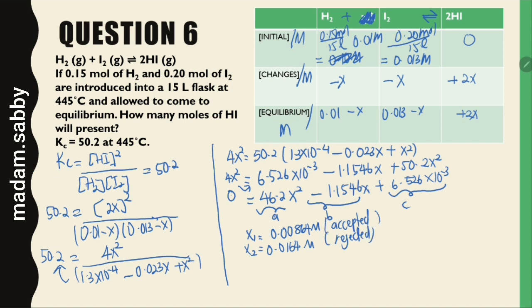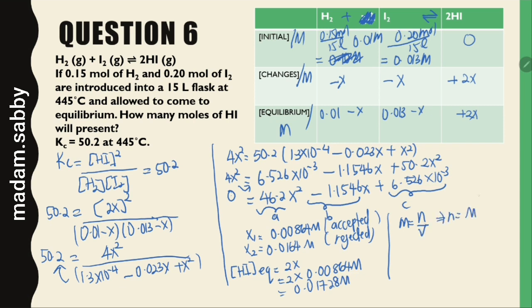Then the question asks how many moles of HI will be present. To calculate moles, you need to know the molarity of HI at equilibrium first, which is 2x, equal to 2 times 0.00864 molar, so you get an equilibrium concentration of 0.01728 molar. Molarity equals number of moles over volume, so to get moles, you simply multiply molarity by volume in liters.